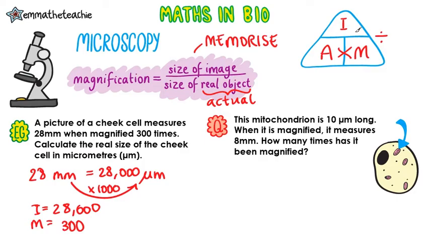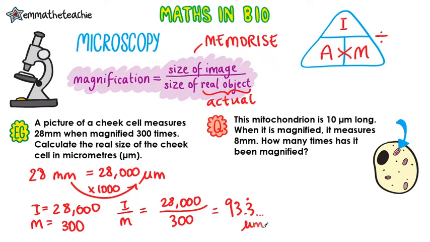We want the A, so we're going to do I divided by M. And when we put our numbers in, it's 28,000 divided by 300. And you can do that on your calculator. And it gives you 93.33333 recurring. Okay, and that's your answer in micrometers.